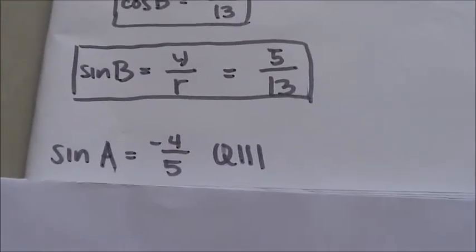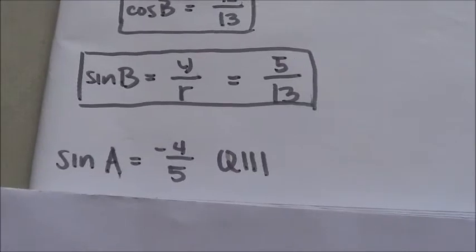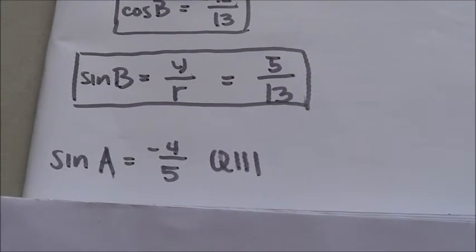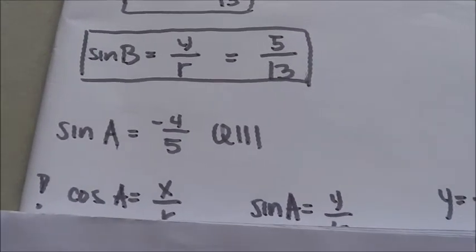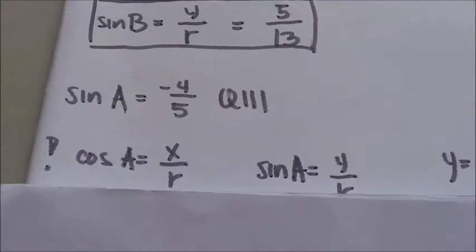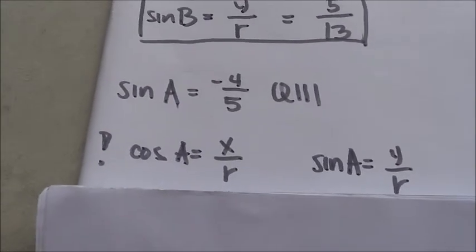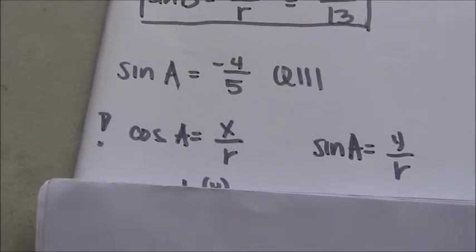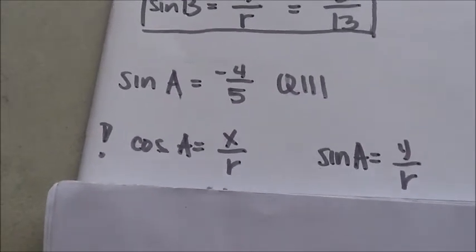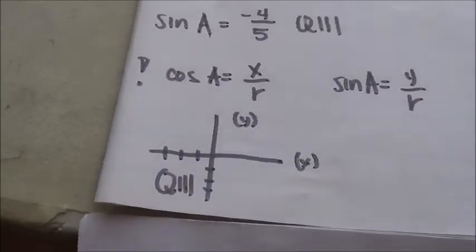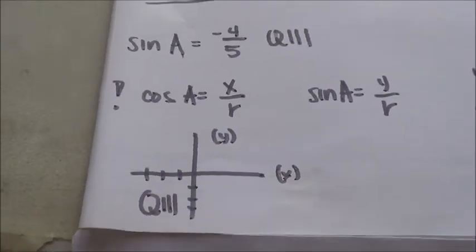For the next one, we know that sine A is equal to -4/5 and it is located in quadrant 3. What we need to know is the value of cosine A, which is equal to x over r. We are given sine A, which is y over r, but we need to know which one is positive. So we go back to the rectangular coordinate system.